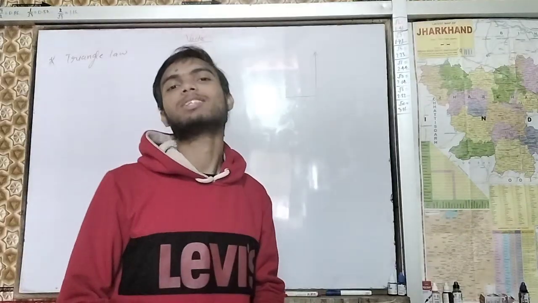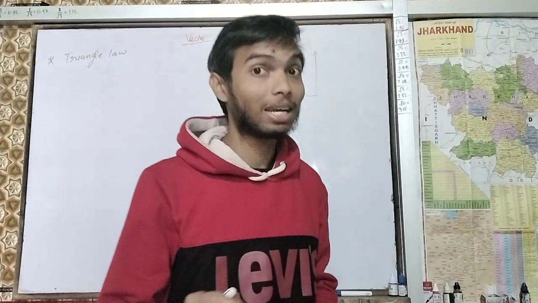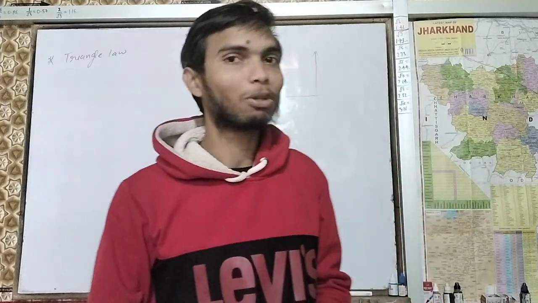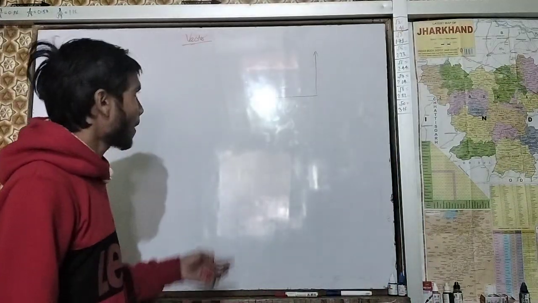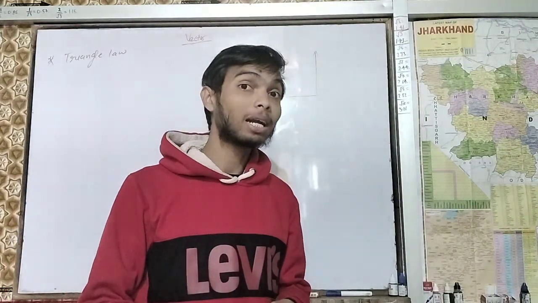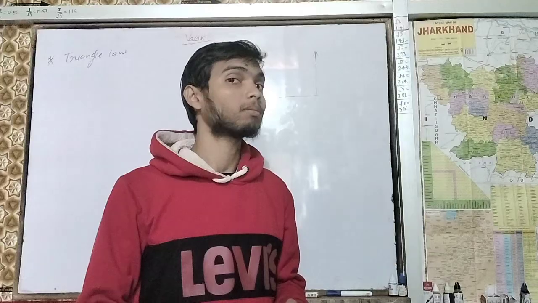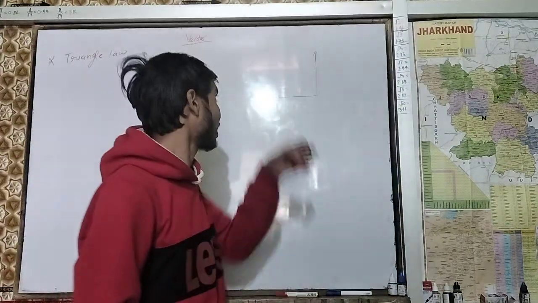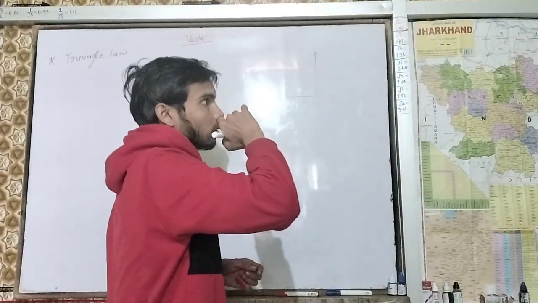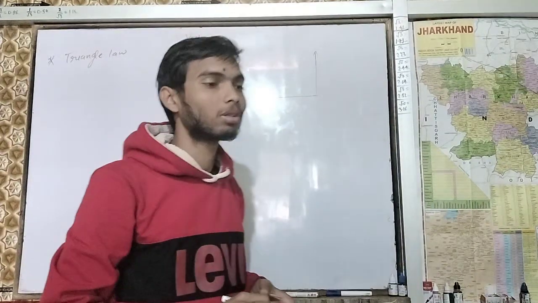There are some important points we have to follow. Look at these two vectors: they are connected correctly, so you can draw the third vector.